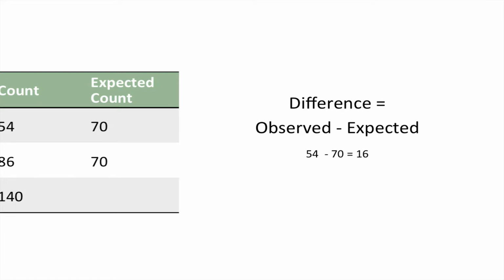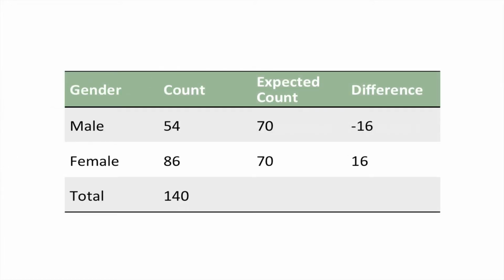For our first group it's going to be 16, and if we replace those expected values we get a difference of 16 in each group. One is minus 16 and one is plus 16. We've seen in lots of statistical calculations that positive and negative numbers can be a problem because they cancel each other out.